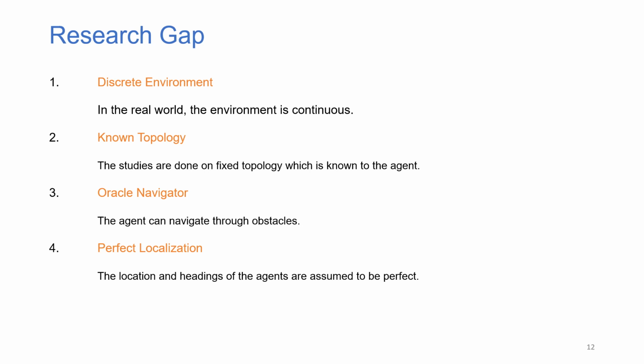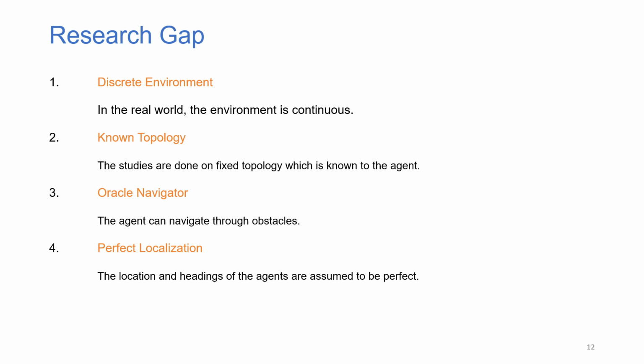Secondly, in a known topology, the agents know the environment beforehand and can traverse or explore it efficiently. But in a real world scenario, the environmental topology might not be known. Thirdly, here the agents are considered as Oracle Navigators, which can move through any object anywhere.